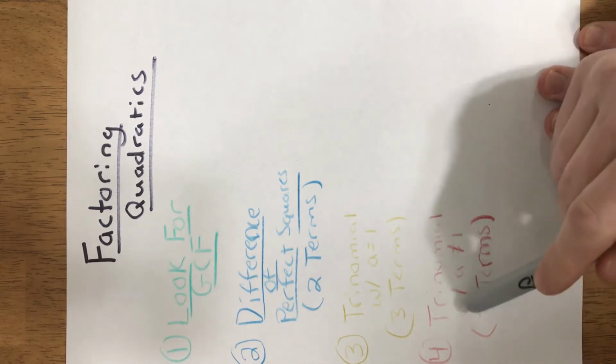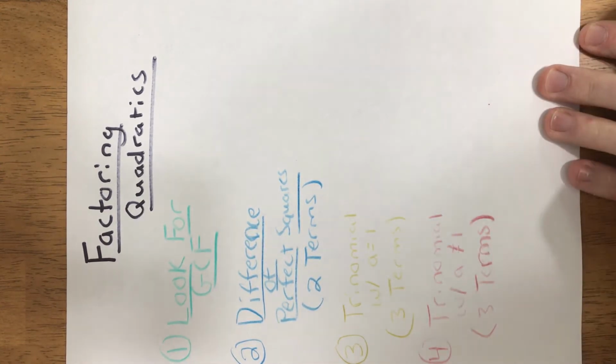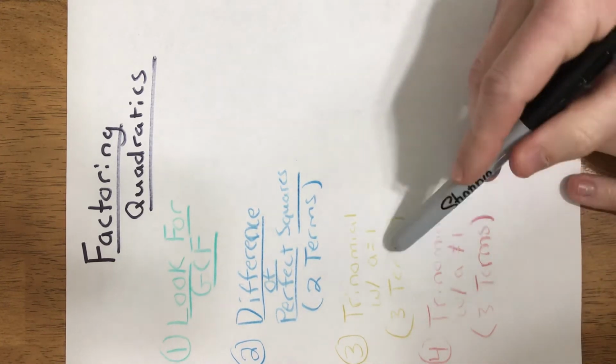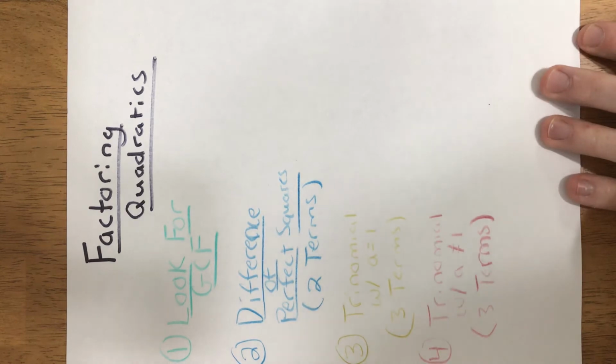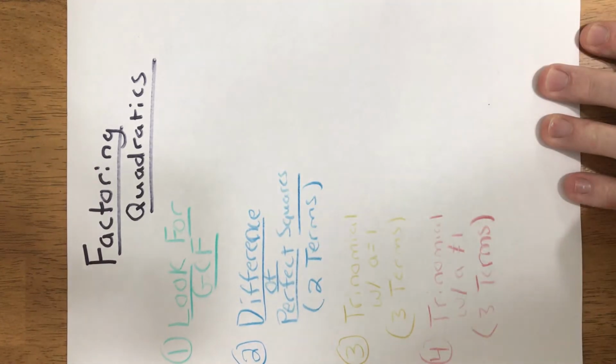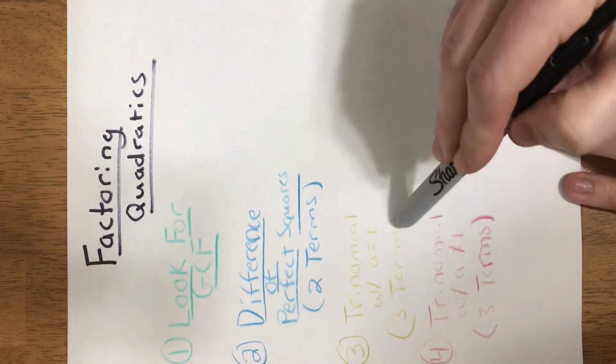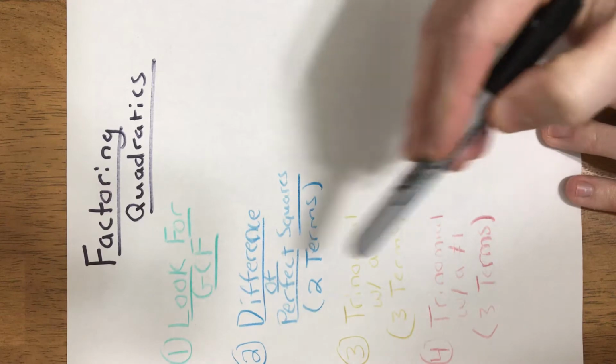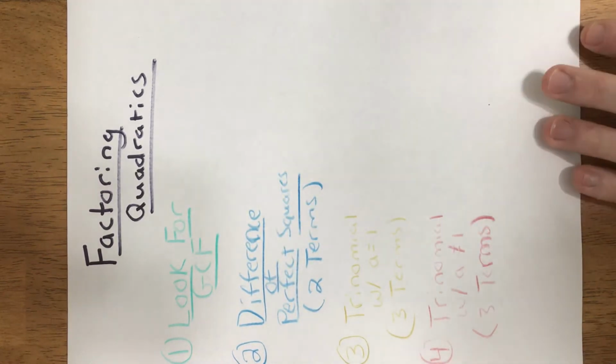The other one is when there's a bigger number out front or potentially a smaller one, in which case we use slip and slide. These 2 are going to occur when there are 3 terms. So 2 terms, we're going to be looking at difference of perfect squares. 3 terms, we're going to be looking down here. But we have to remember first, we're always looking for our GCF.